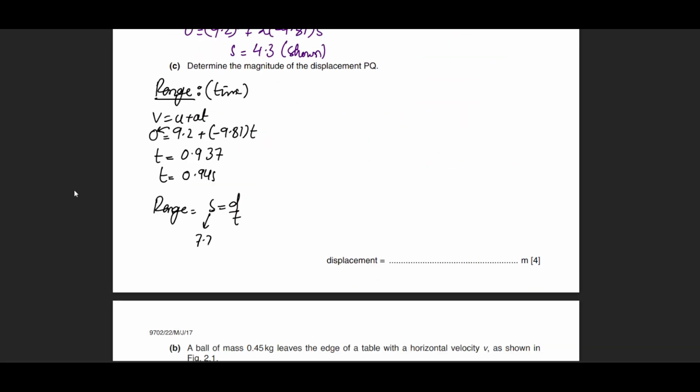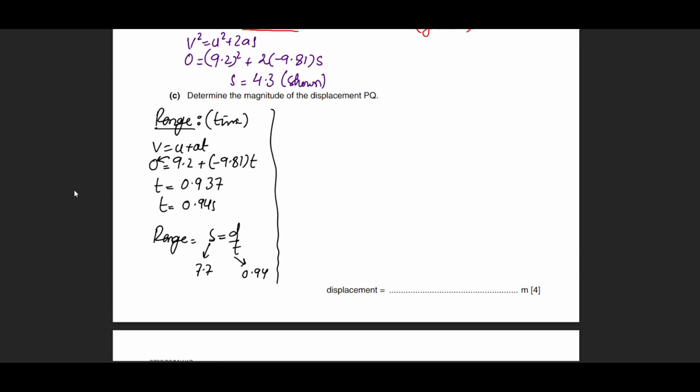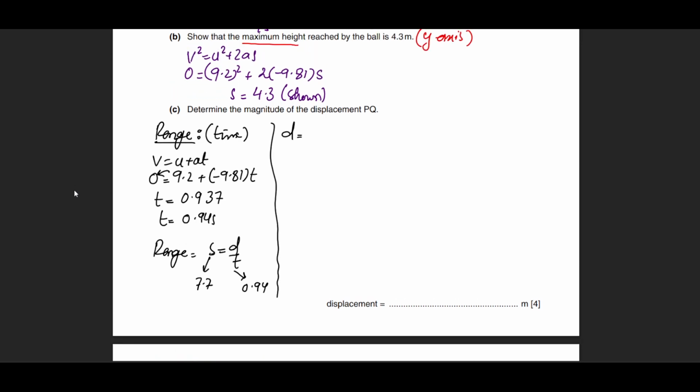So S is 7.7, T is 0.94, and then we can find the D. So D comes out as 7.7 multiplied by 0.94. This gives us 7.238. So this will become 7.24 meters.